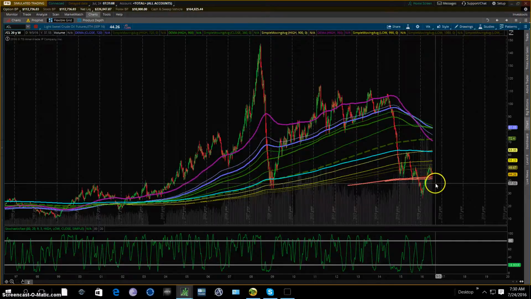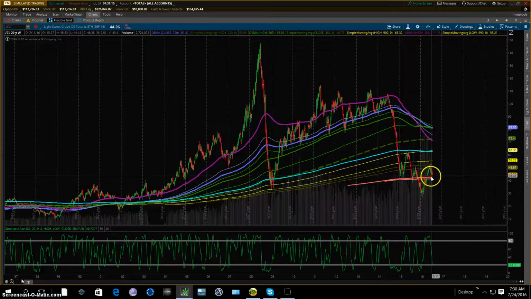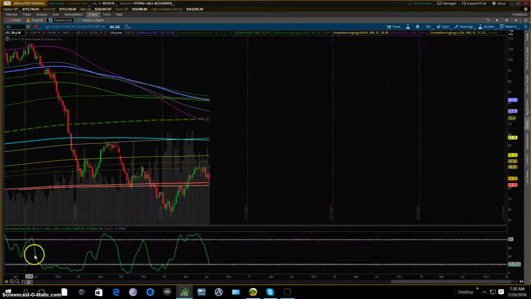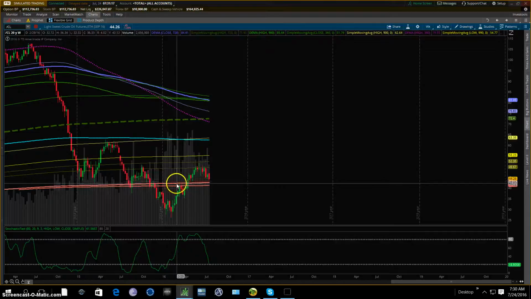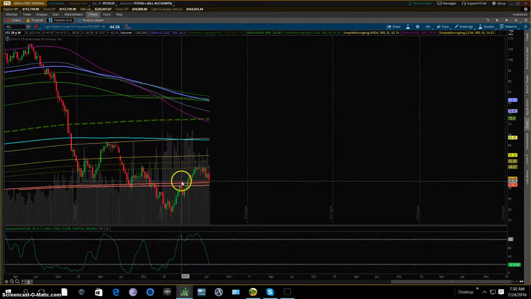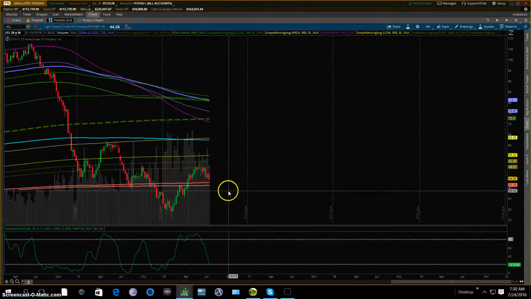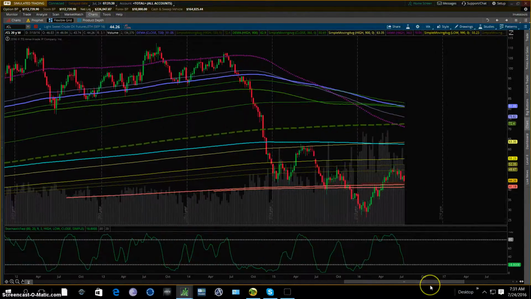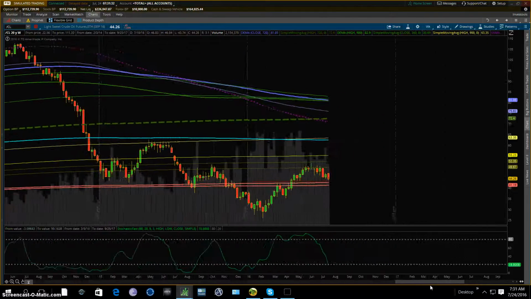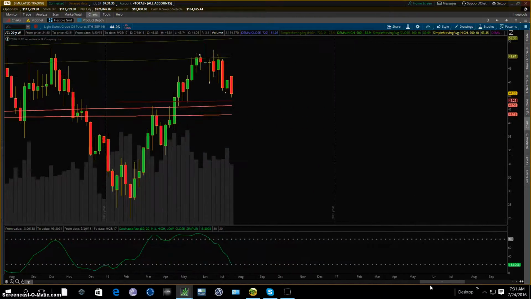If we get up close and personal with it, there is one of the red lines here. There needs to be another one too, but that one just doesn't plot, and I don't exactly know where it would be. But another thing on the weekly is, there we go.